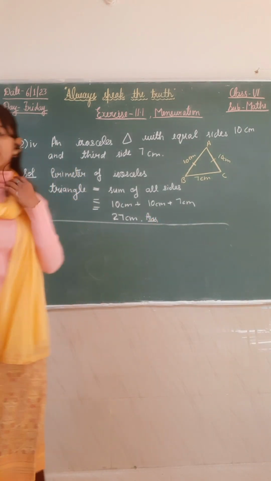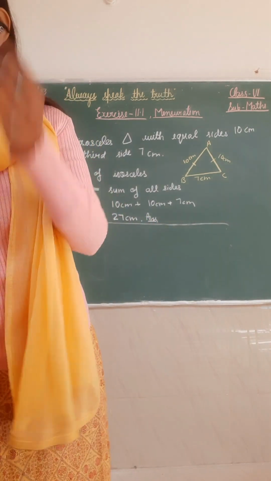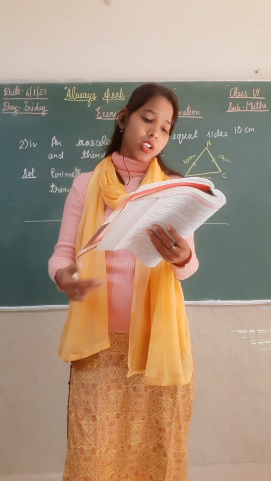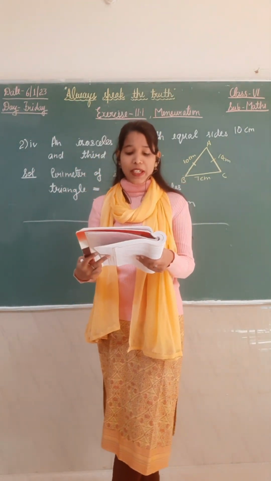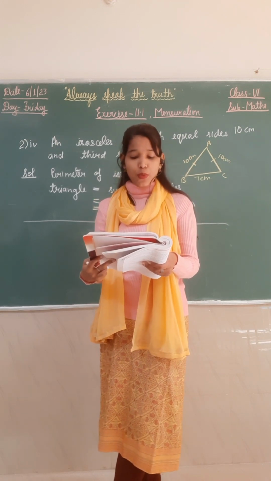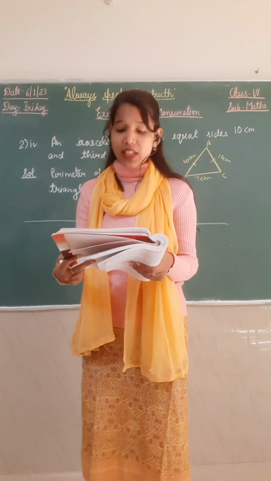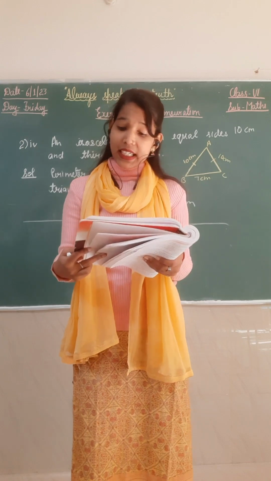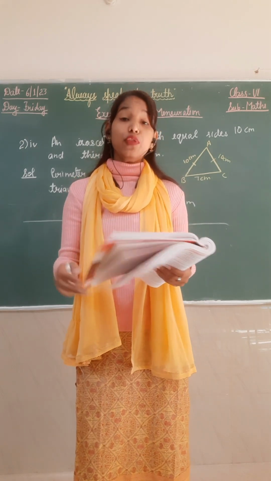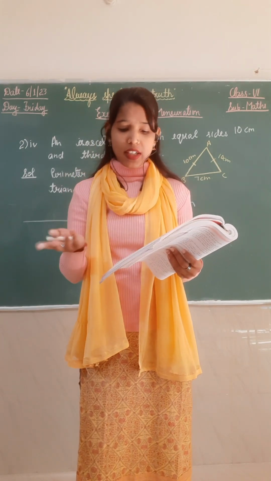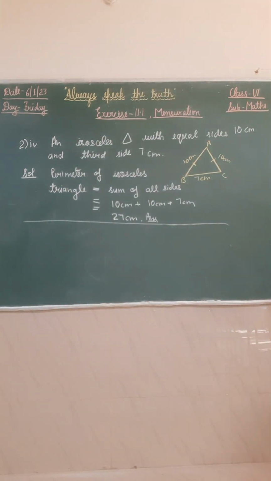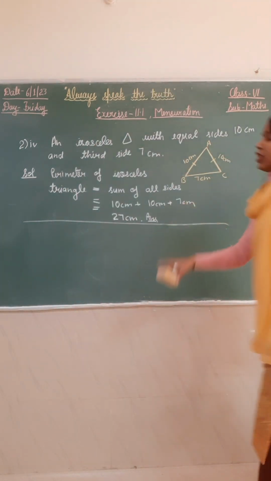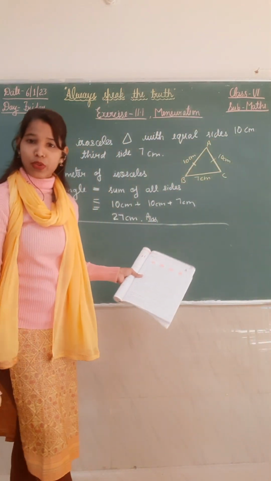Now the next question is question number 5. A rectangular piece of land measures 0.7 kilometer by 0.5 kilometer. Each side is to be fenced with 4 rows of wires. What is the length of the wire needed? Okay, so let's do this question. You have to note this down in your fair copy, okay class?